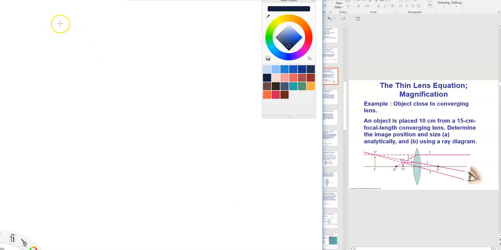Now an object is placed 10 centimeters from a 15 centimeter converging lens. Converging means convex. F equals 15 centimeters, DO is 10 centimeters.